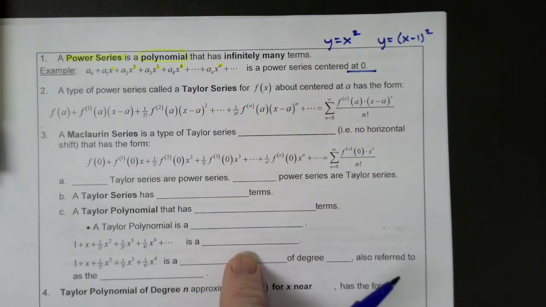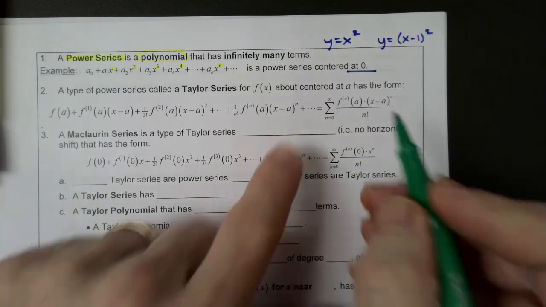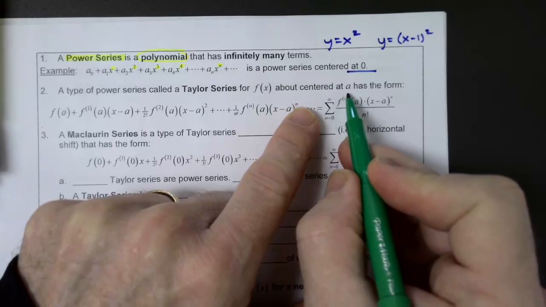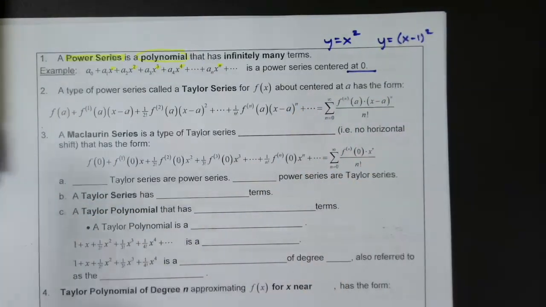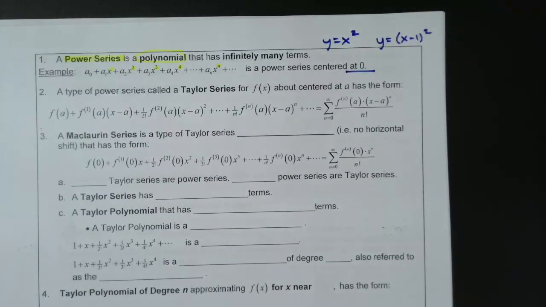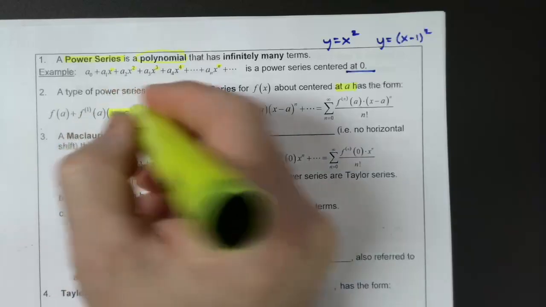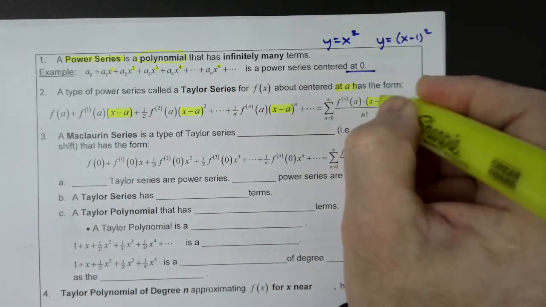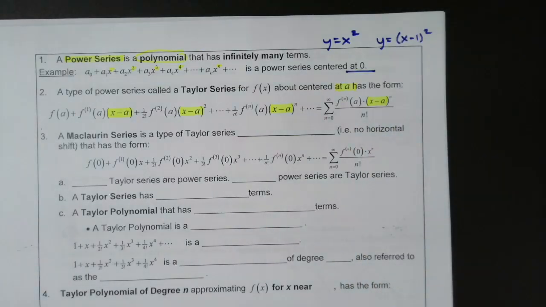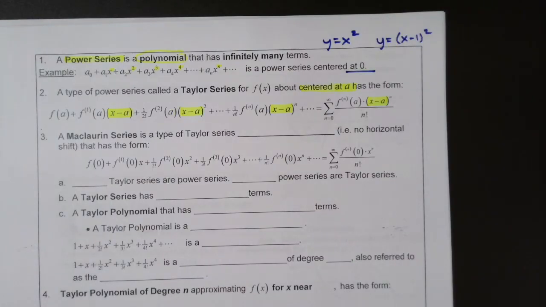Okay, a type of power series called a Taylor series, the one we just did, if it is centered at something other than 0, a of course could be 0, but a is any number, you'll see that because it's centered at something at a, we do add in here an x minus a in each one of these. Okay? That's the idea that we are centered at something other than 0.